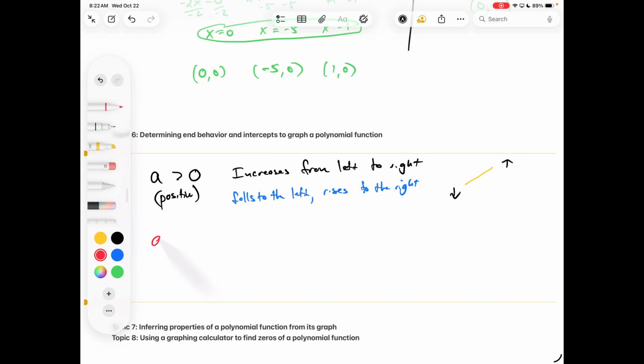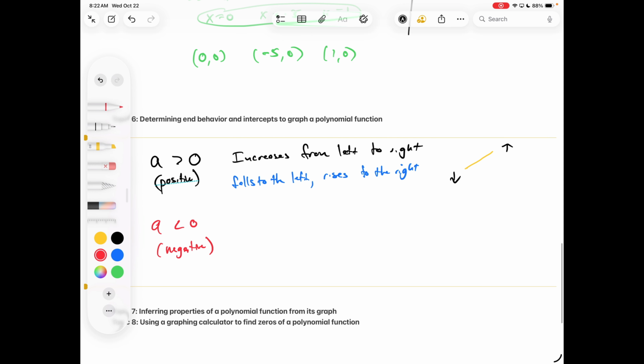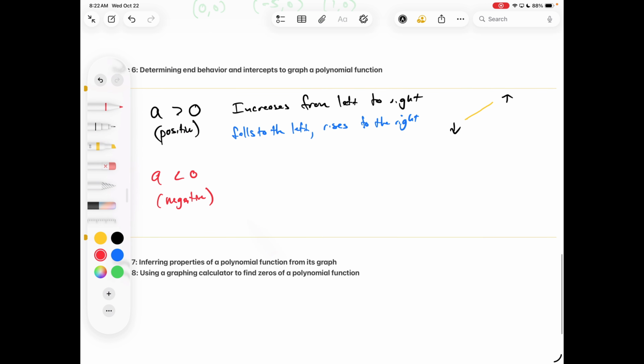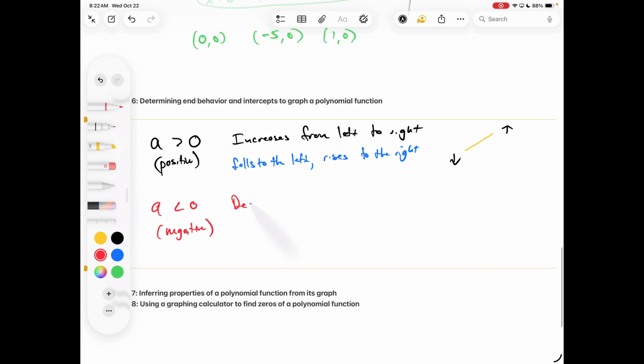If A is negative, less than 0, and A is just the number out in front, I think about it as it decreases from left to right. Everything we look at left to right because that's the order we read from.